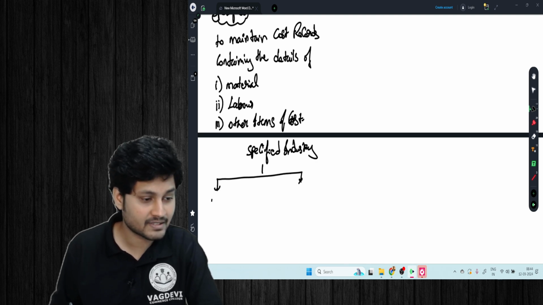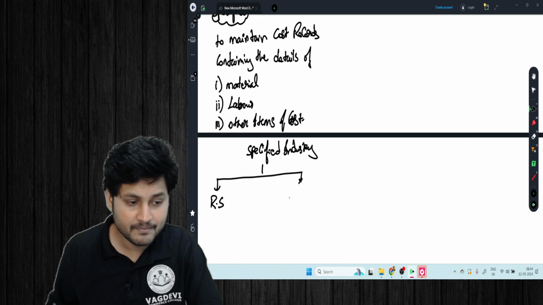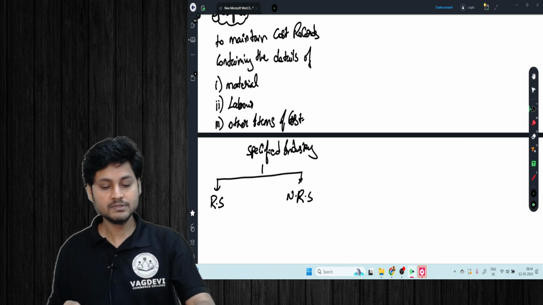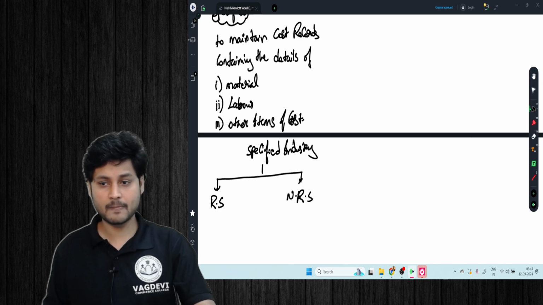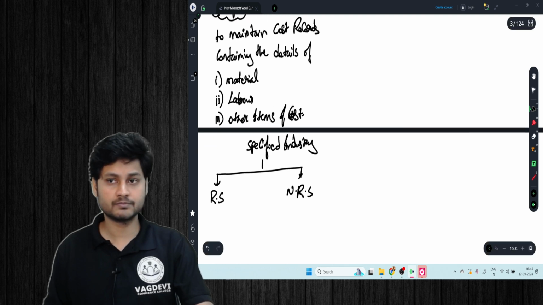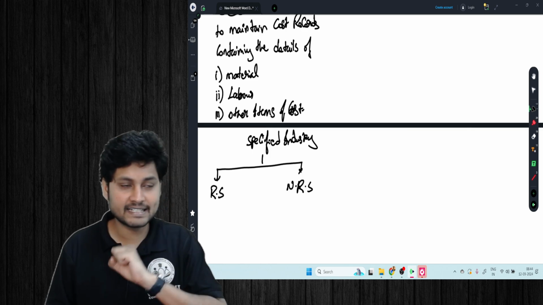It may be a regulated sector, it may be a non-regulated sector. So I am developing the notes on the spot. Okay, so open two branches: regulated sector and non-regulated sector.